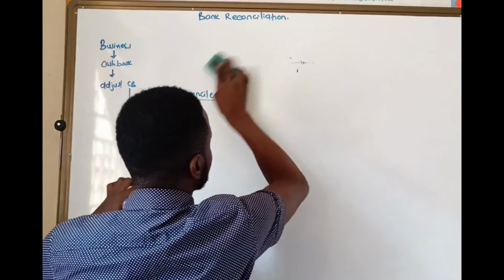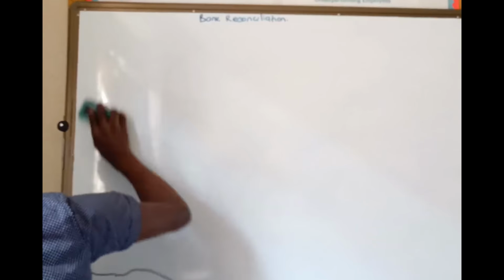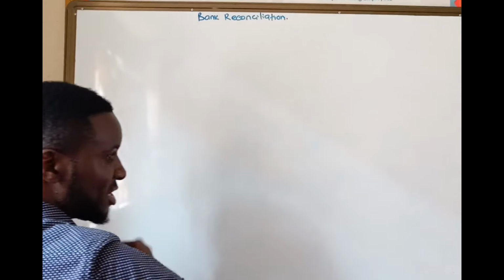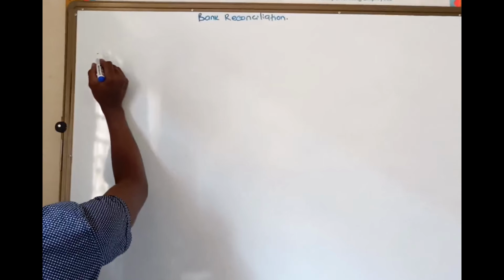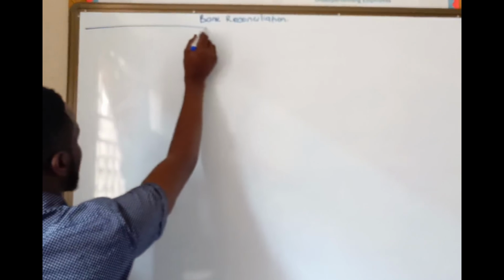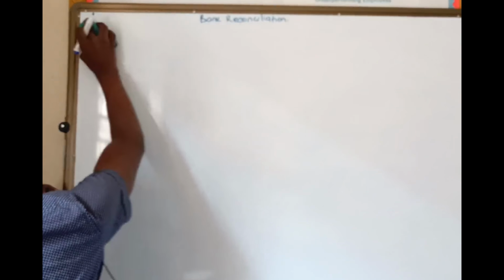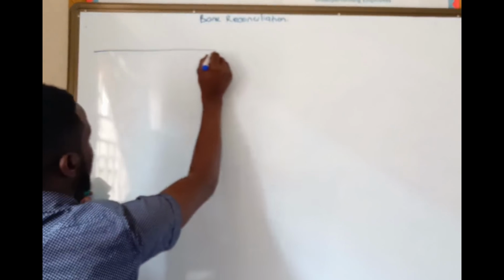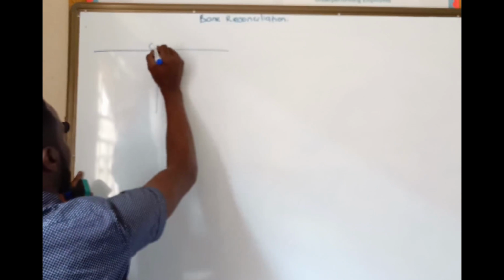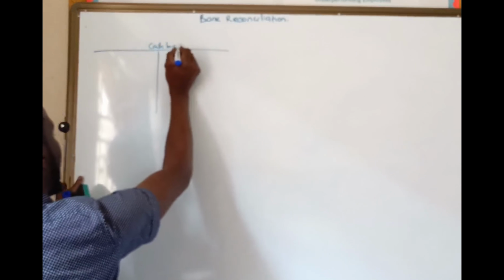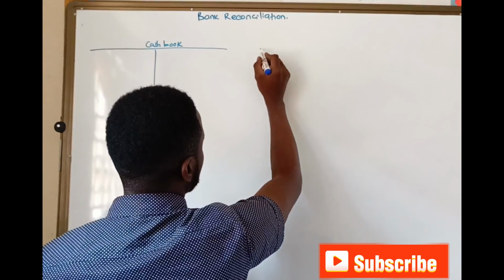Therefore, let's start like this. So imagine this is the bank column of our cash book. So we are going to say this is our cash book. And this is how our bank statement looks like.